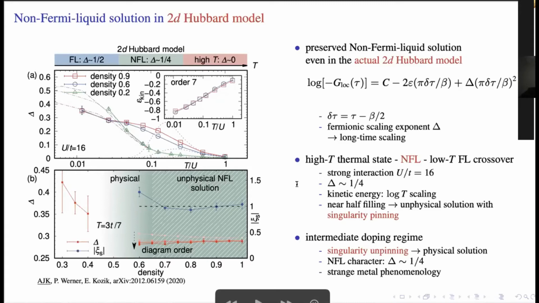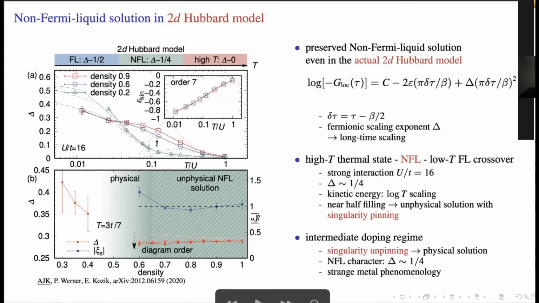In the intermediate temperature regime, there is a wide plateau near delta equals 1/4, showing the clear signature of the non-Fermi liquid. At very low density, there is a direct crossover from the thermal state to the Fermi liquid without any signature of the non-Fermi liquid.